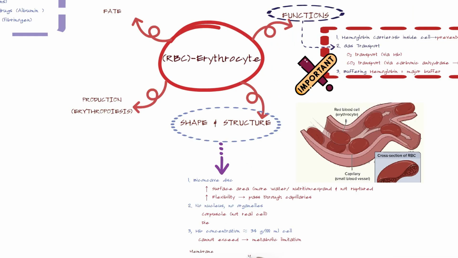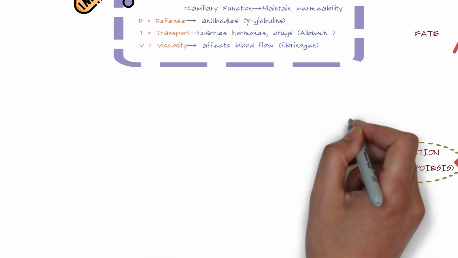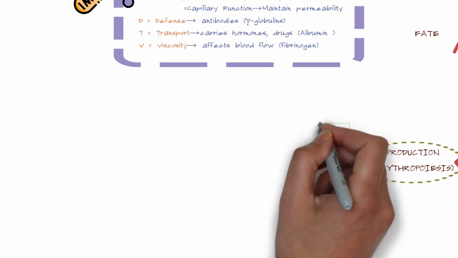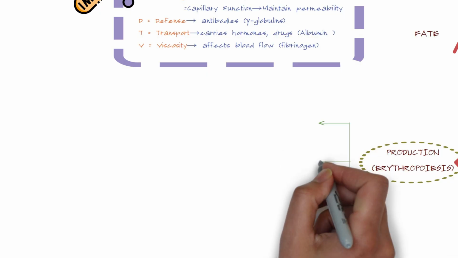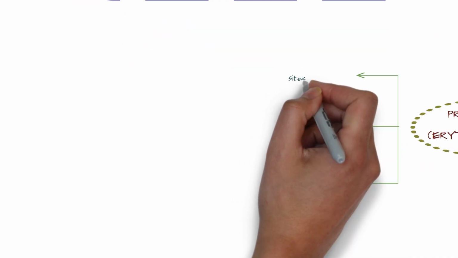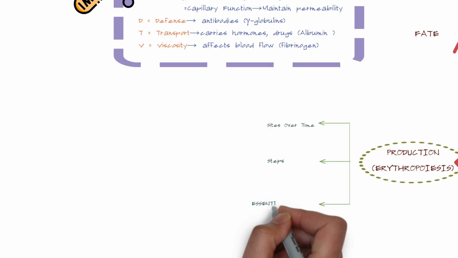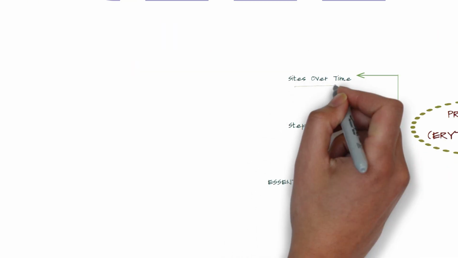The essential factor is erythropoietin, mainly from the kidney and to a lesser extent from the liver, and stimulated by hypoxia. It is the signal that gives an order to the bone marrow to produce the RBCs.